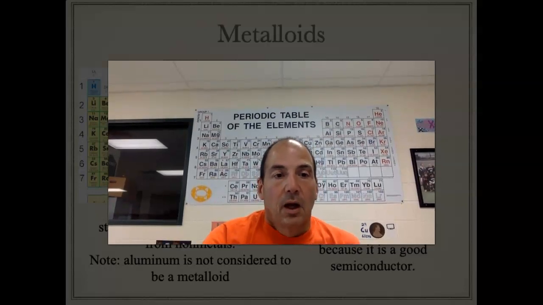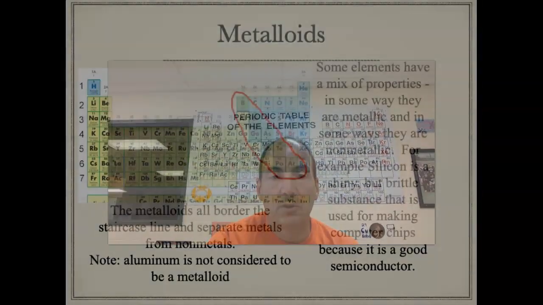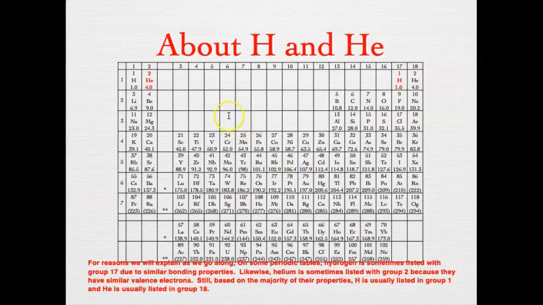Now, last bit for today, let's talk about hydrogen and helium. As I said, sometimes helium is put in group 2 with beryllium, magnesium, etc. because of its number of electrons. It's the fact that it has 2 valence electrons. That's a term we're going to come back to tomorrow. These all have 2 valence electrons, so it fits.